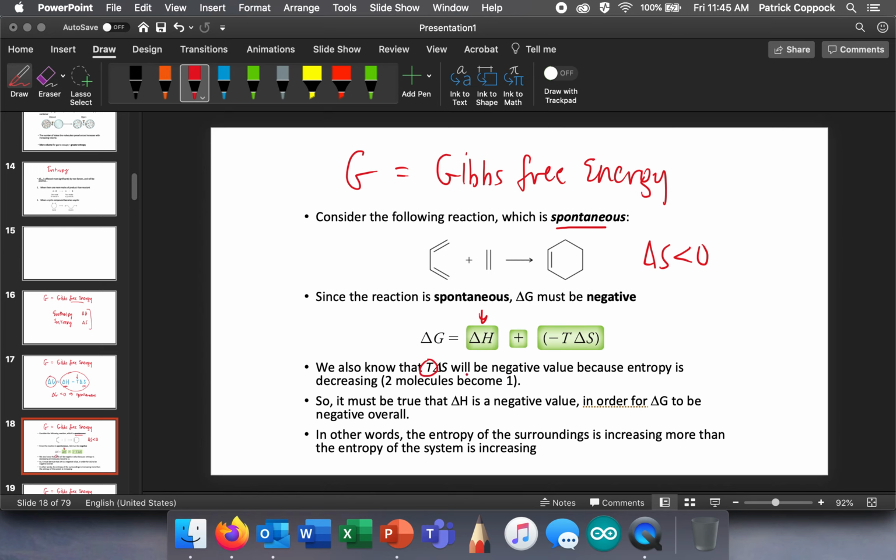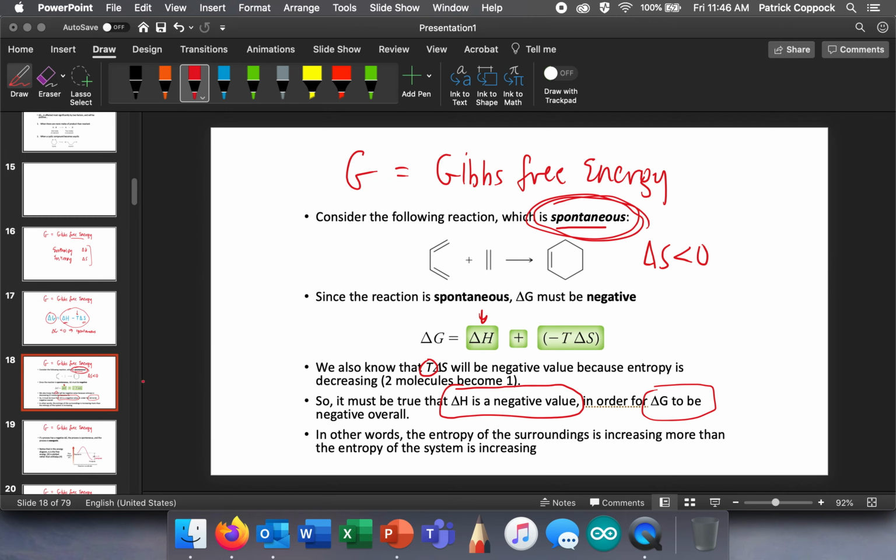T delta S is going to be negative because entropy is going down, 2 molecules go to 1. But it must be that this has a big enough negative value that the delta G can be negative overall. And since delta G is negative overall, we say that the reaction is spontaneous. So that's a good example of how these two terms work together to tell us if a reaction is likely to happen.